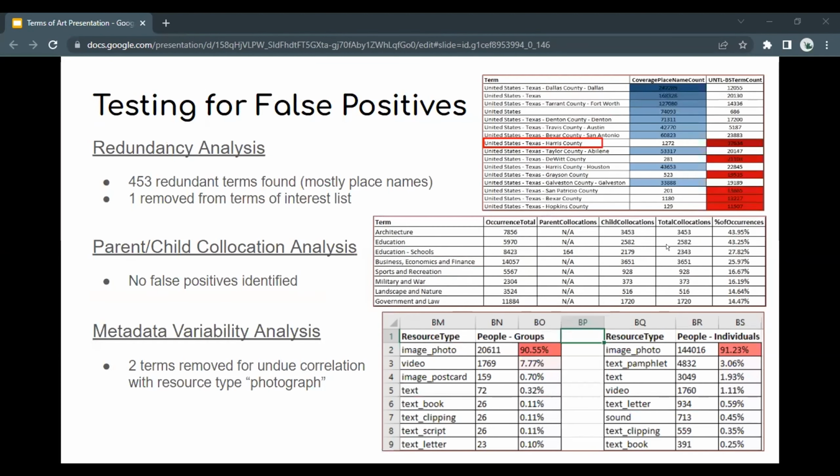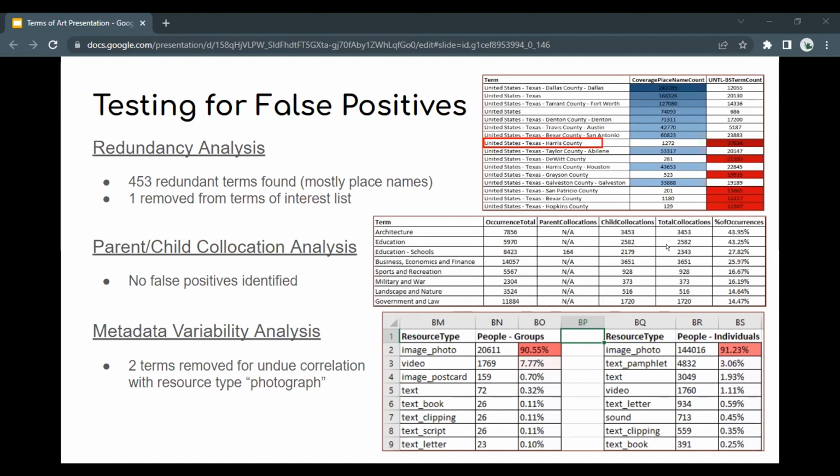I think I may skip this slide, although I guess I'll go over it really briefly. Basically, once I had all of these terms, my total at the beginning was 25 terms of interest, and I had 3 different further analyses that I did just to confirm that they had not been incorrectly added to my list. There were a number of different scenarios that I thought could have artificially inflated the number of uses that these terms of interest got.